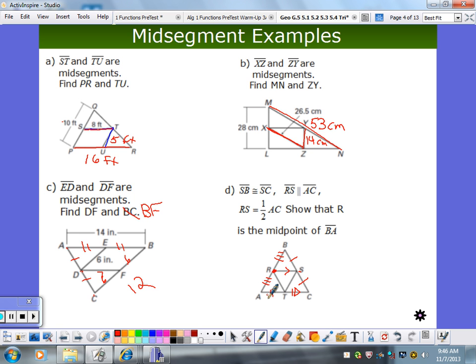So by concluding, because it told us all this stuff here, that means that RS is a midsegment. And if RS is a midsegment, that means that these two things are congruent, AR and RB, because R is a midpoint. So here, S is a midpoint, and R is a midpoint.